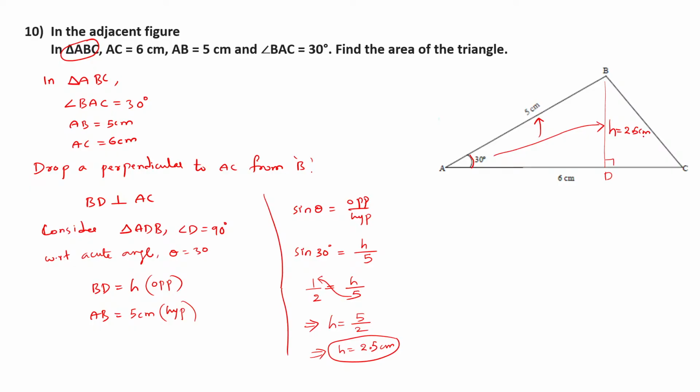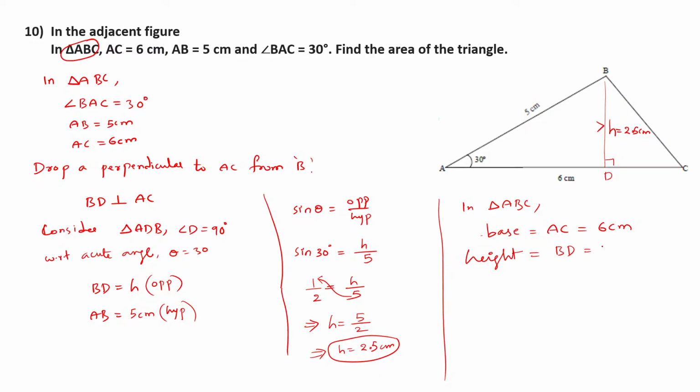Now you ignore all these things. In triangle ABC, we consider the base as AC. It is given as 6 centimeters, and we have found the height of the same triangle, that is BD equals 2.5 centimeters.